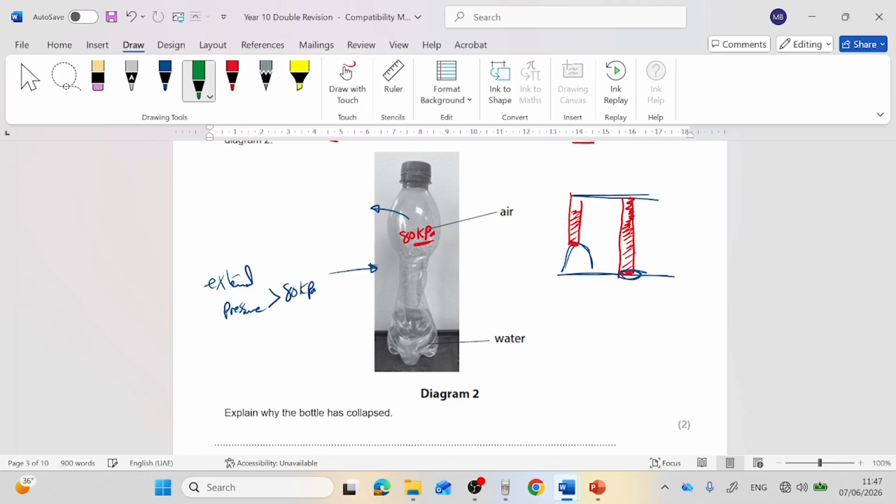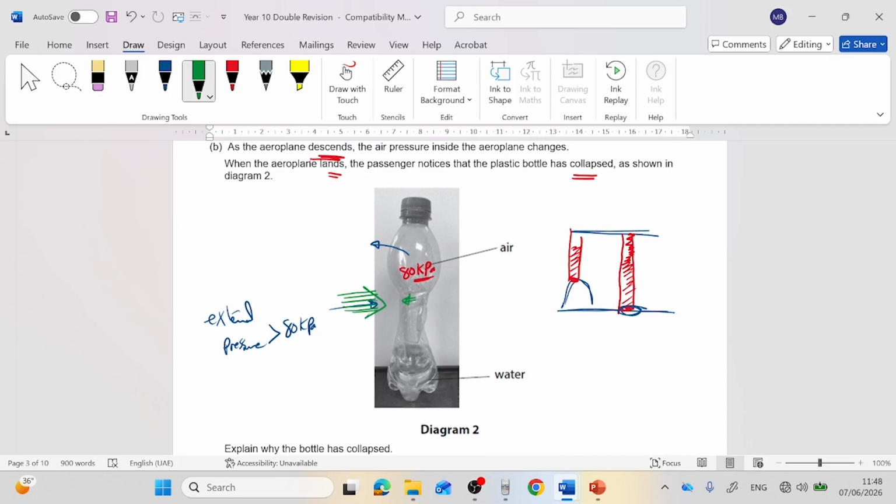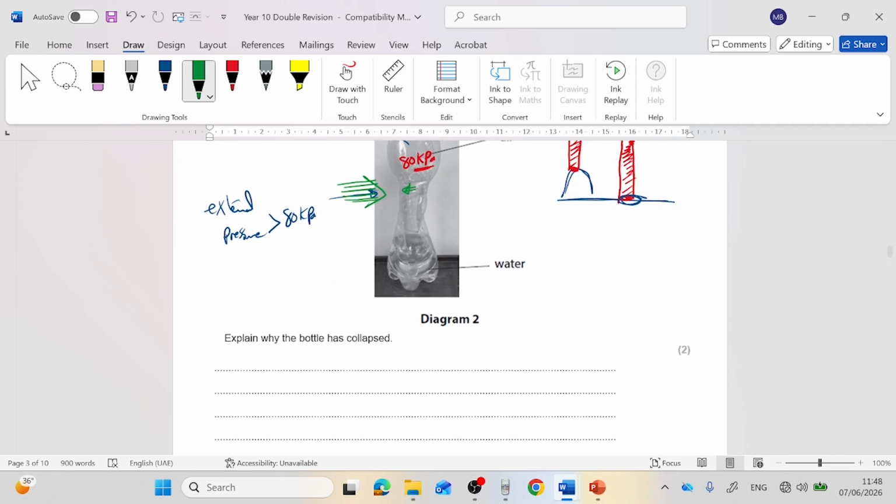So there is no balance anymore. The external pressure now is more than the internal pressure. So this is the reason that the bottle just collapsed, because the external pressure now becomes more than the internal pressure.